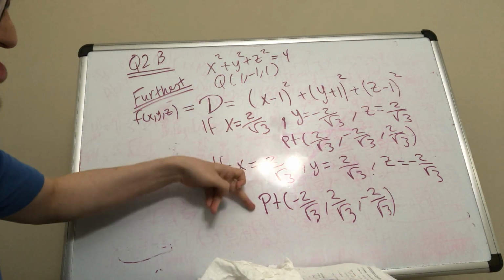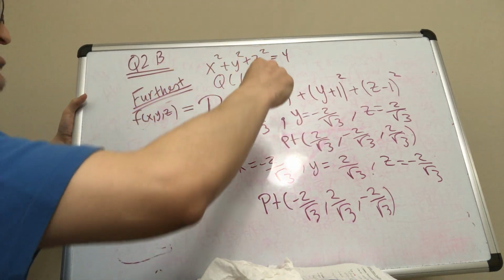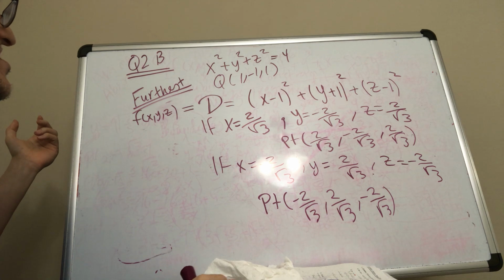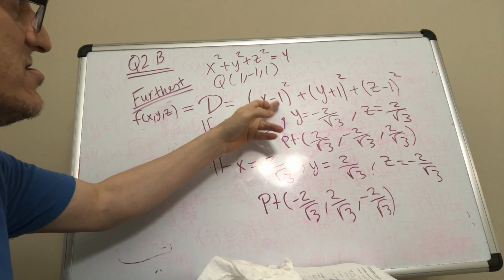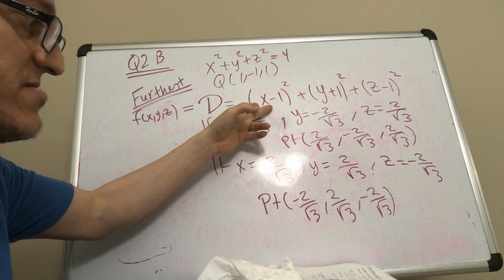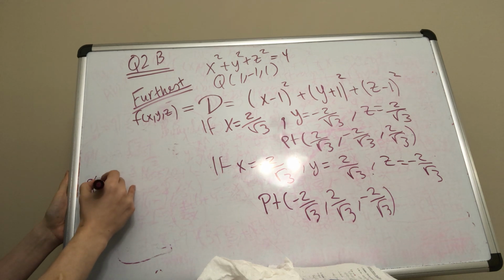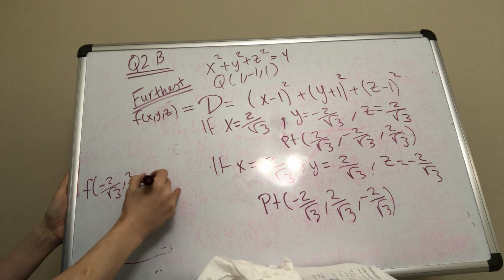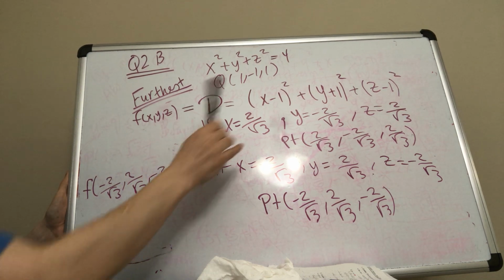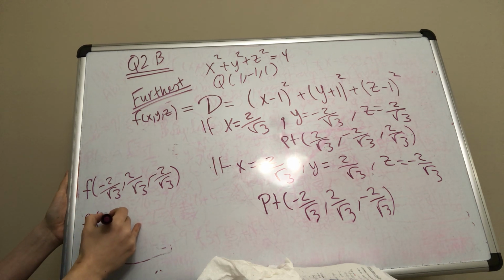So once you have the two points, you plug them back into your main function, the f function, which was the distance.